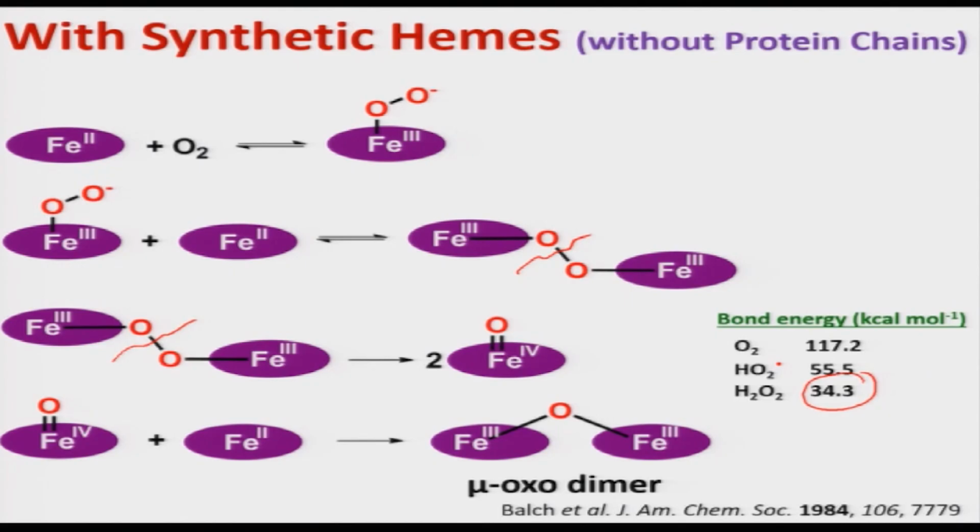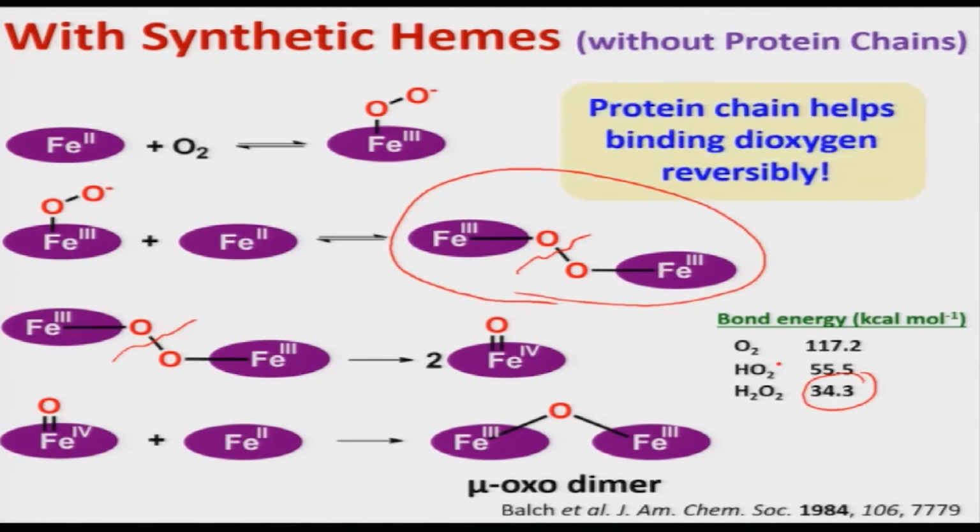Now, in order to understand the mechanism properly, if we want to stop the formation of mu-oxo dimer, we need to stop the formation of mu-peroxo complex, and actually protein chains help binding dioxygen reversibly. Otherwise, without protein it converts to mu-oxo dimer.